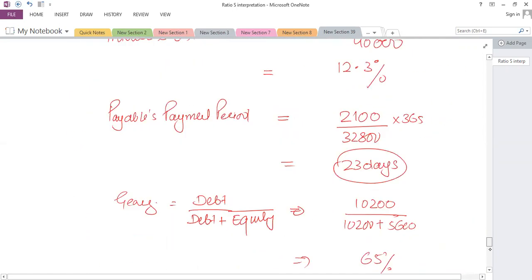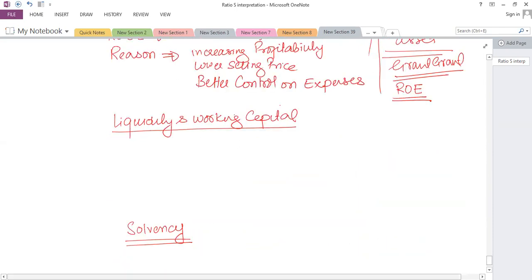Now let's talk about another category, that is liquidity and working capital. Now you can see that the first obvious thing is we have a better liquidity position.